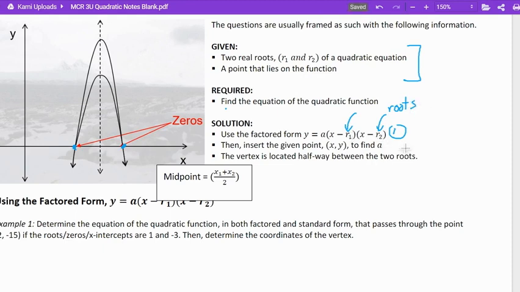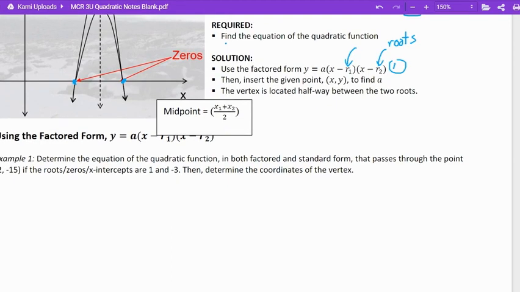Notice there's a minus in there. Then we're going to insert the given point, the x and the y, to find A. This is similar to what we did in grade 9 to find the equation of a line. Lastly, the vertex will be located halfway between the roots. So if we need to find the vertex, it's halfway between the roots. Okay, and we can use the midpoint formula.